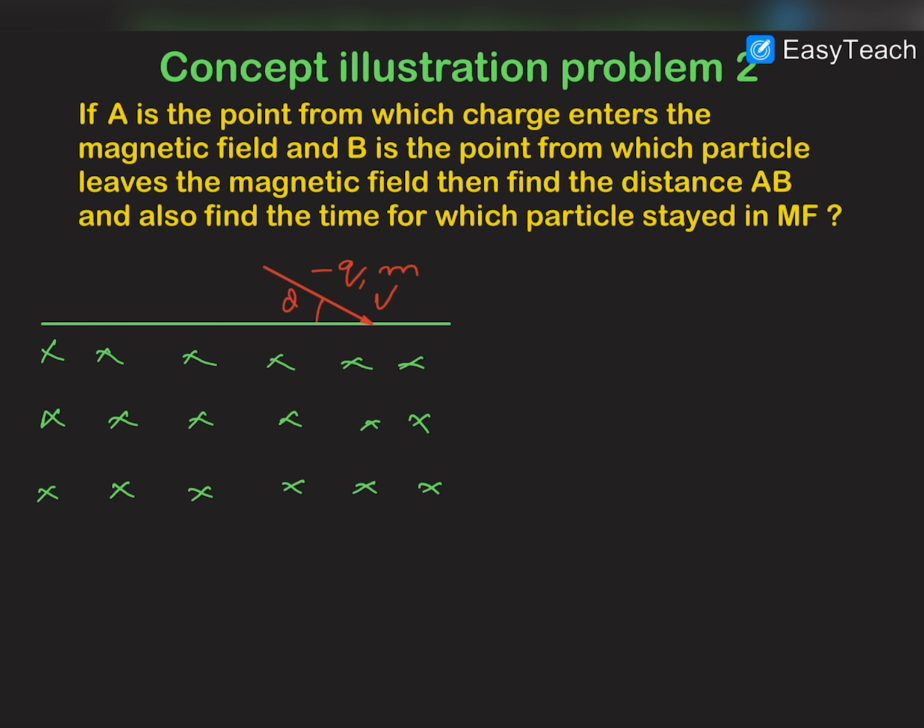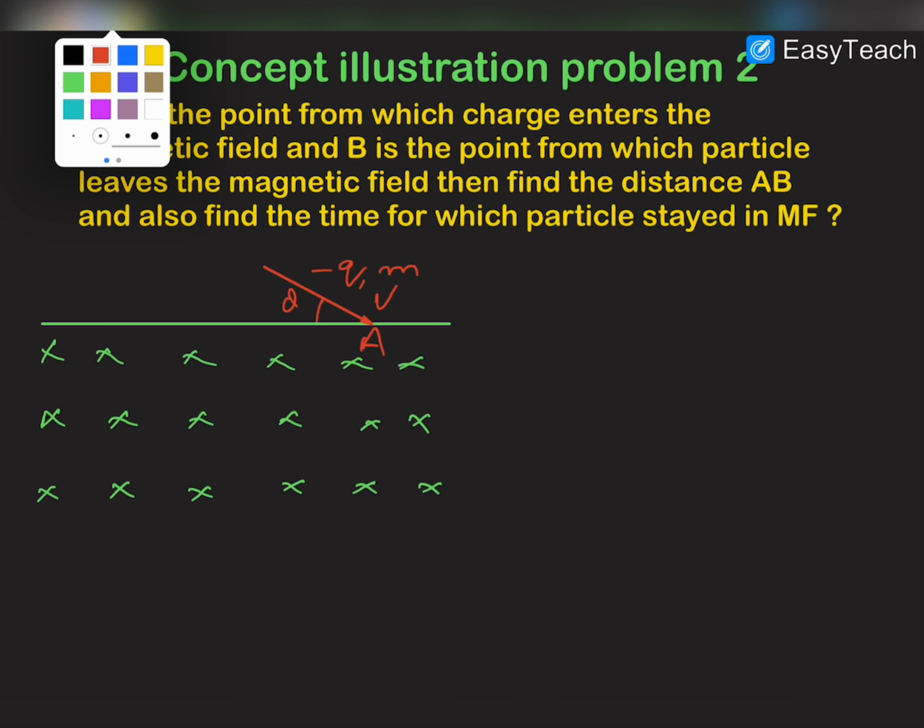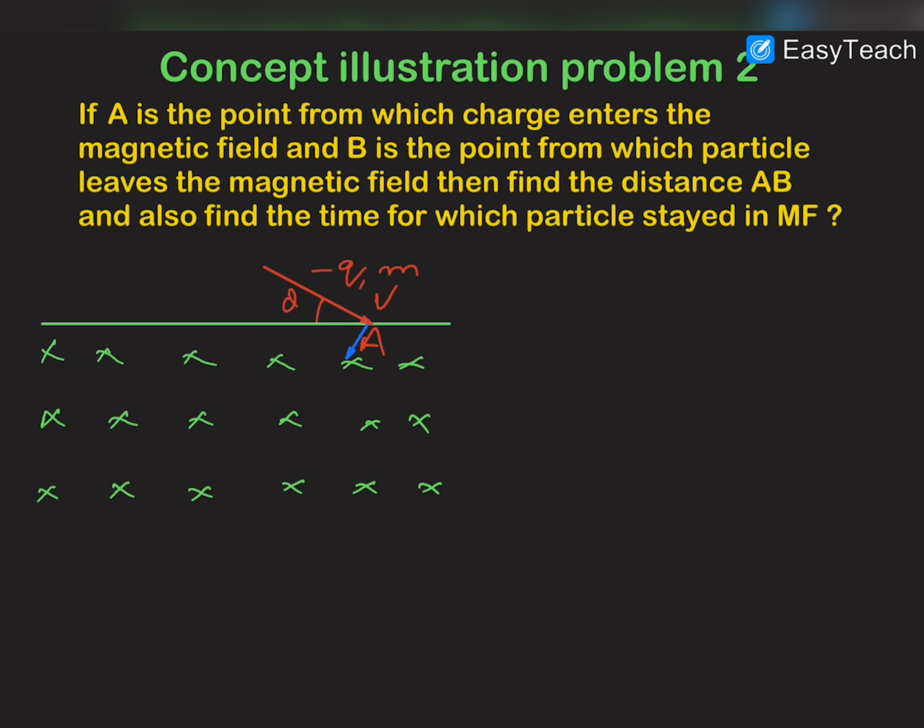But in the second part of this problem, you can see that this charge is a negative charge and it enters the field from this point, and if you apply Fleming's left hand rule, then you will observe that force would be like that. So the circular trajectory of this particle would be like that. I'll draw.